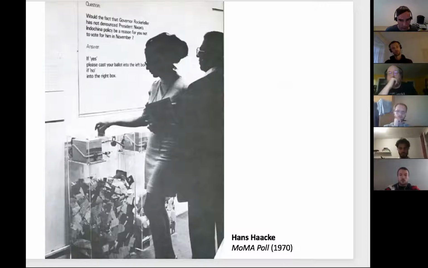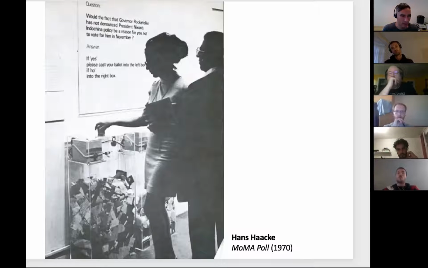I actually saw this piece in 2019, and it's a bit more yellowed. This is a piece called Momopol. It was exhibited initially at the Museum of Modern Art, so I'm continuing with the same institution, and it was made for a landmark exhibition known as Information.